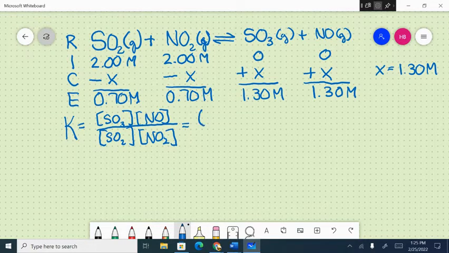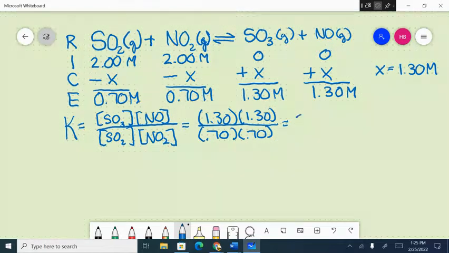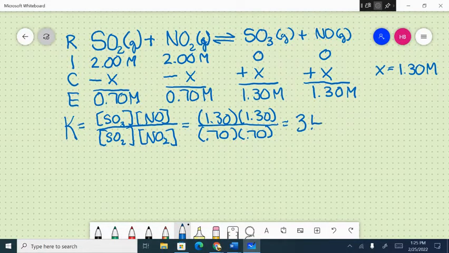Each of these is 1.30 and each of these is 0.70. So when I type in my calculator 1.30 squared divided by 0.70 squared, I get an answer of 3.45.